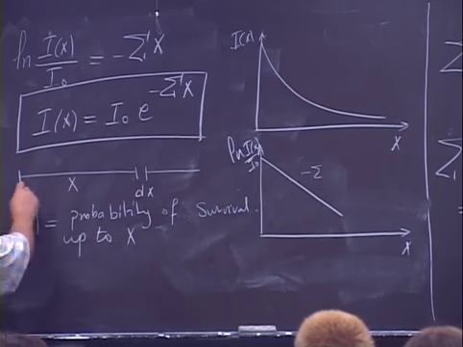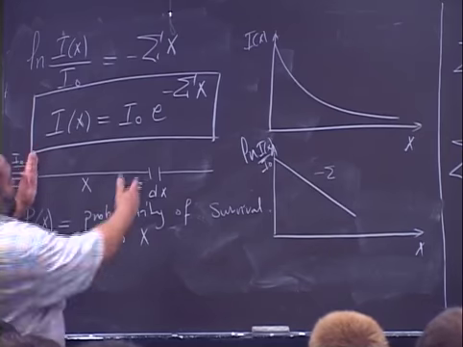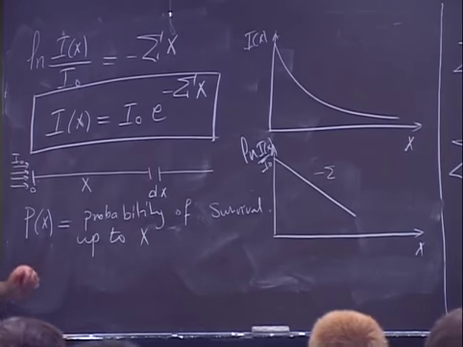You will survive, you just get emitted from the beam here, and then you survive up to here, where I can get this probability. Let's assume that this is a shield. Yes? What's I of x?